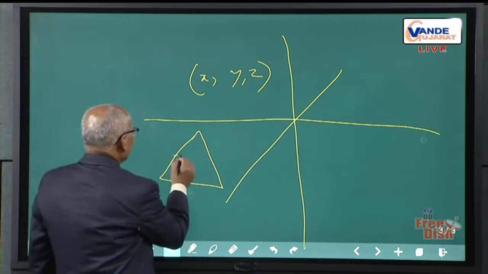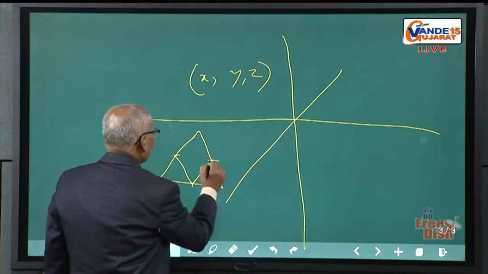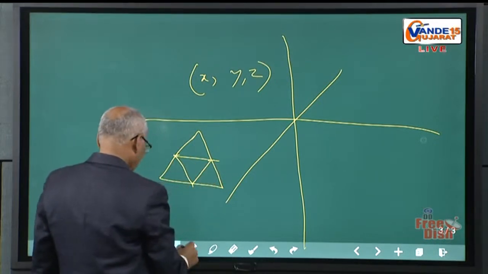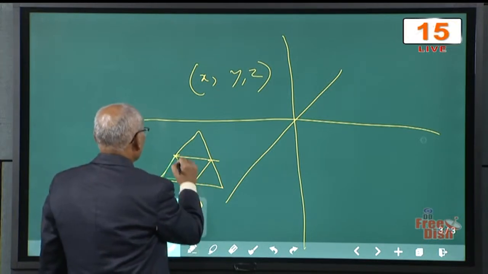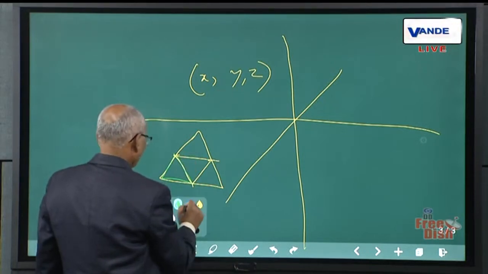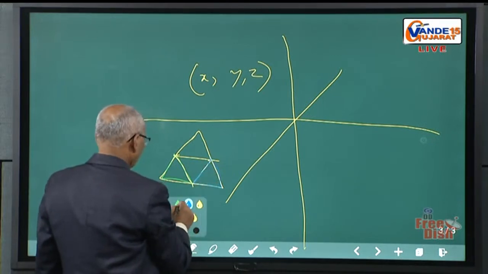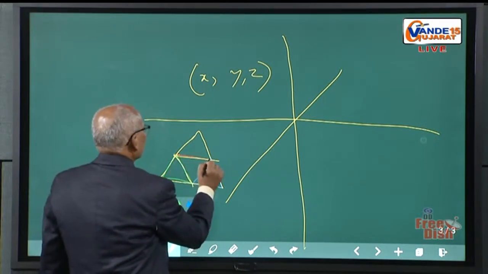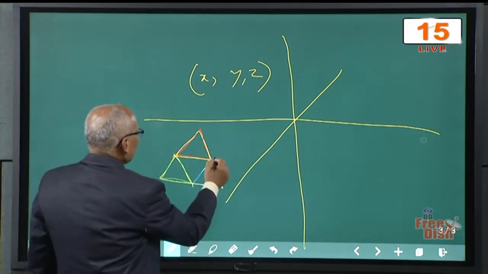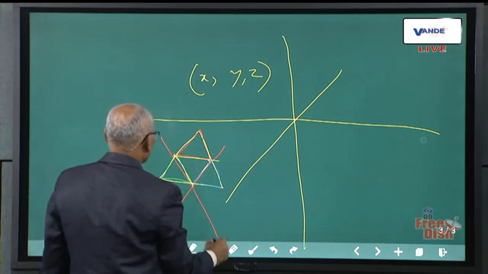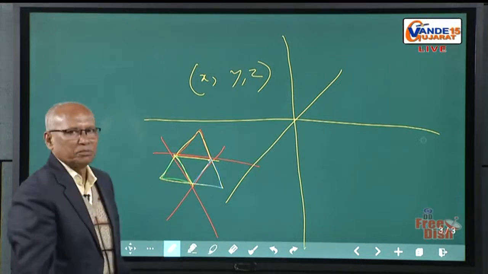We can find the midpoints of the sides and join these midpoints, and then fold three different portions, one from this line, one from this line, one from this line. Then fold it, and it will become a tetrahedron.